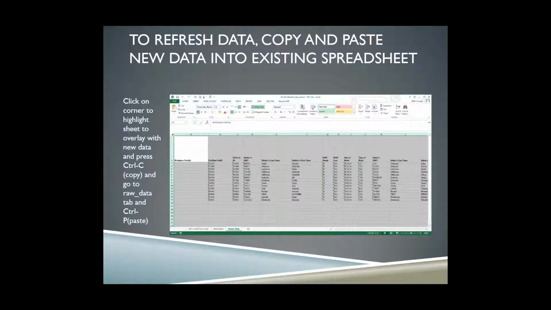You do that for the detail extract that you're bringing down, the new information, and you hit Control-C to copy it. Then you go into your template spreadsheet, where you're going to have a few tabs that have different information in columns, and you paste it into your detailed data tab, and then you'll have your updated information.